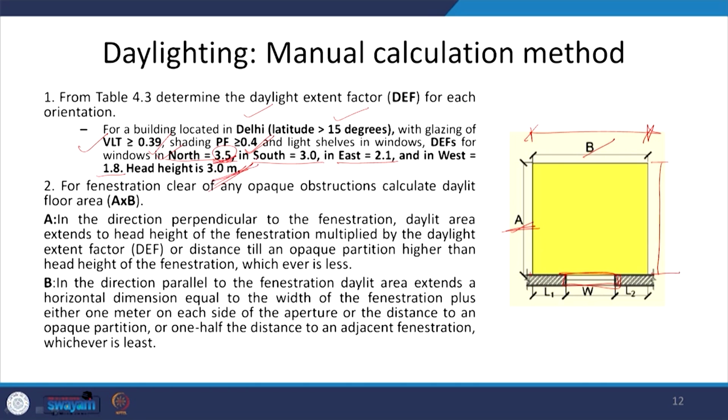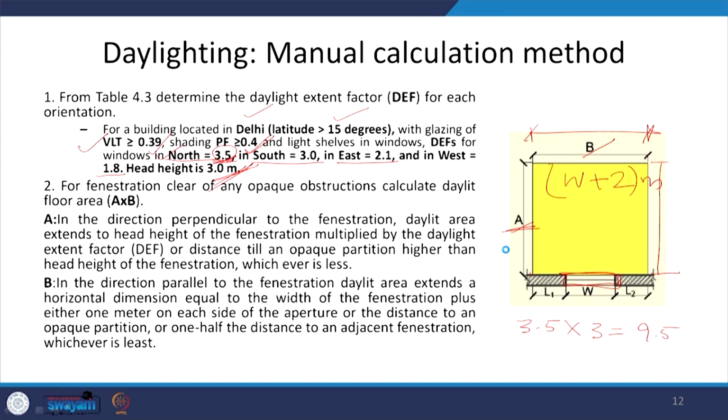So, we have A available as 3.5 multiplied by 3, that is 10.5, and in the horizontal direction it is equal to the width of the fenestration plus either 1 meter on each side of the aperture or the distance to an opaque partition. So, for B, if this is W, we are talking about W plus 2 meters.